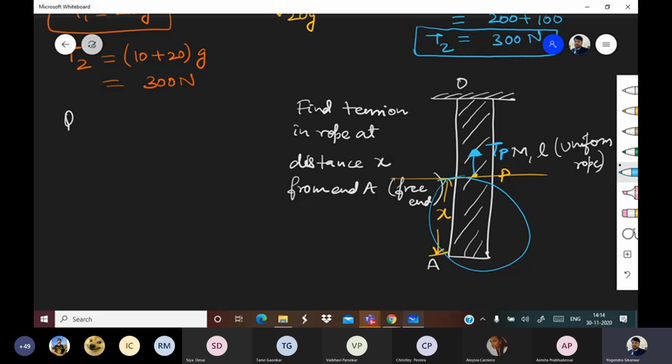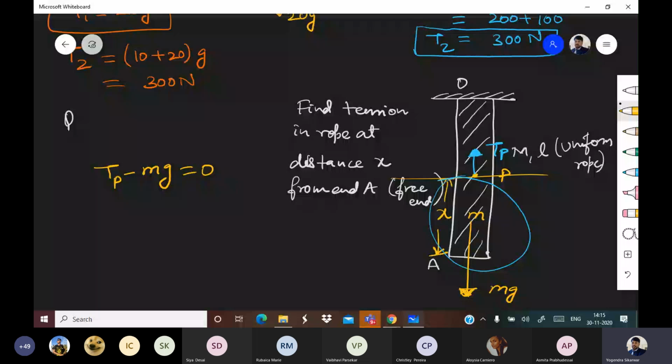So again we can write TP minus small mg is equal to 0, and that will be basically TP is equal to small mg.